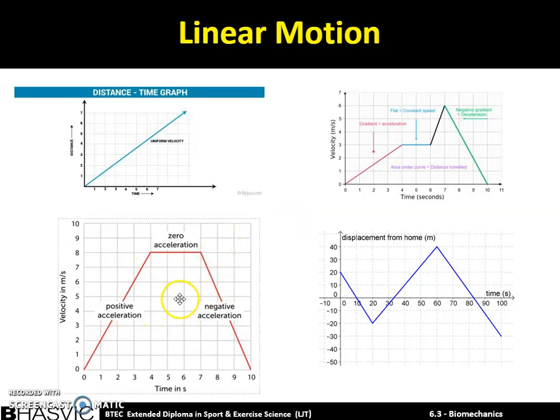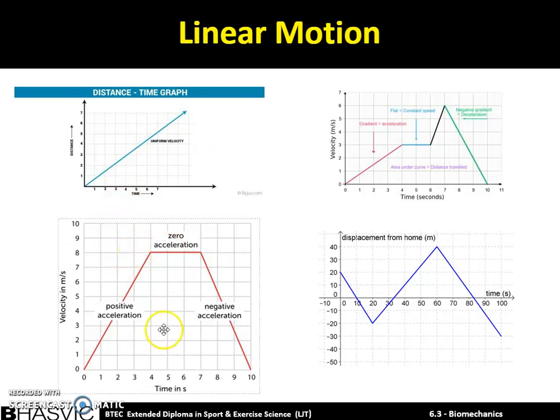This diagram here is a velocity over time graph and can show that this is a positive acceleration. There is 0 acceleration here, so it's traveling at a constant velocity. The negative acceleration shows a deceleration of the object over a period of time.